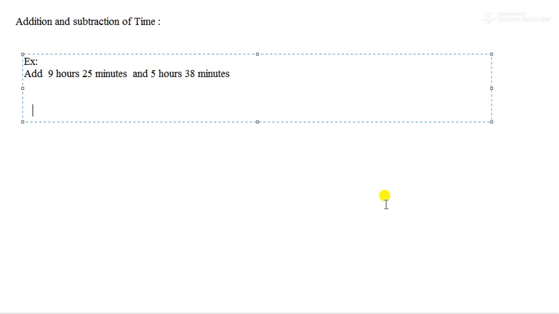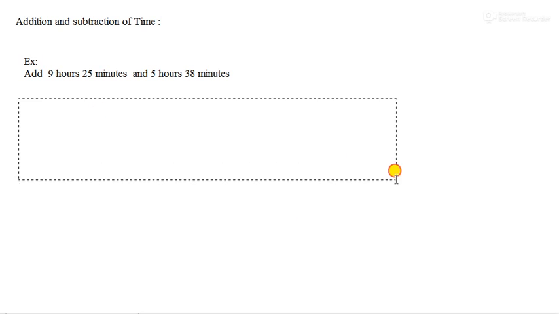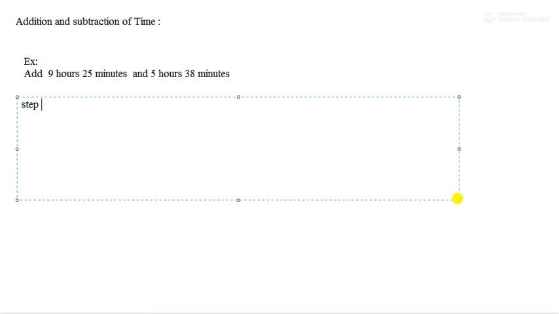Here what we have to do first, we have to write the numbers under the correct heading. So the first step: Step 1, write the numbers under the correct heading.